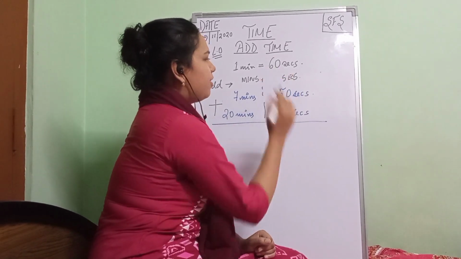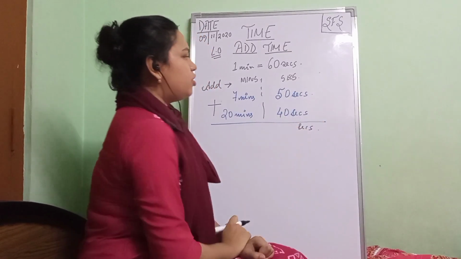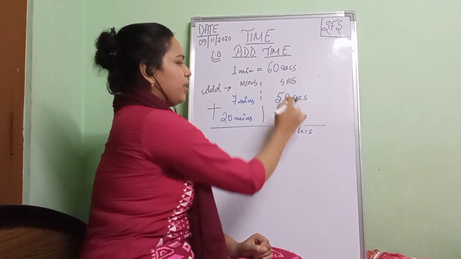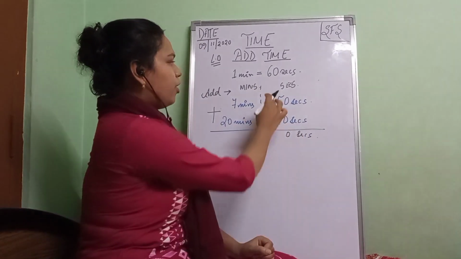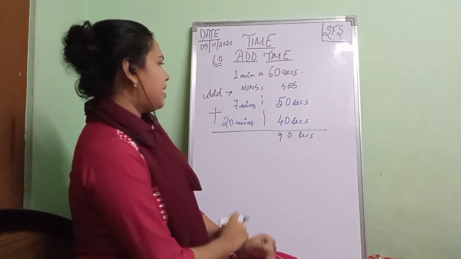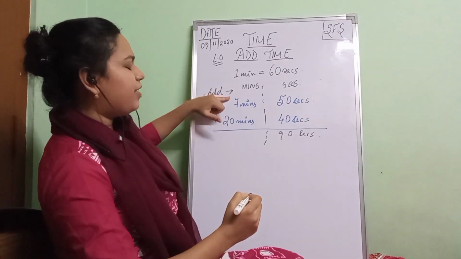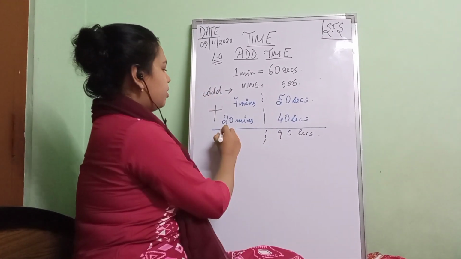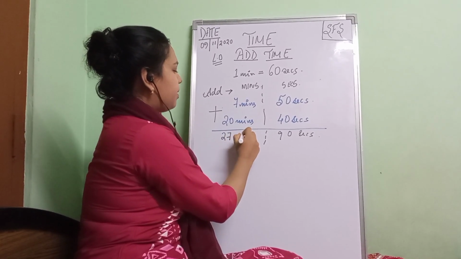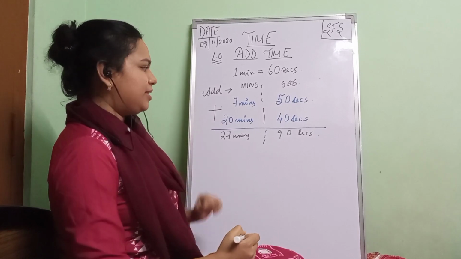So you have 50 seconds plus 40 seconds. So how many seconds do you have? Add it together. 0 plus 0 is 0. 5 plus 4 is how much, children? 9. 90 seconds. So since the minute is separate, 20 plus 7 minutes will be equal to 27 minutes, right? Add 0 with 7, 2 will remain as it is.